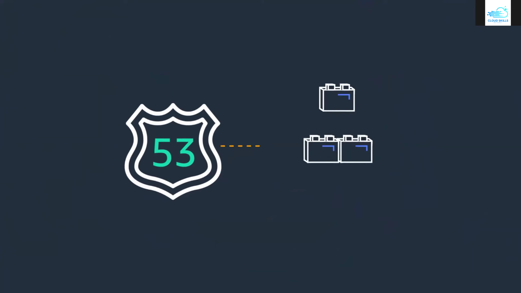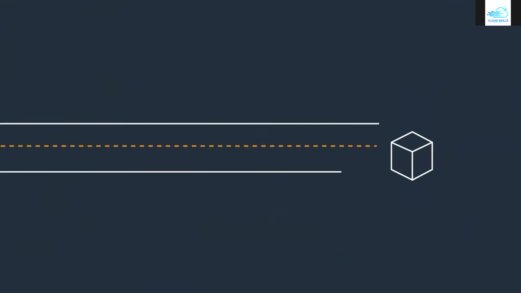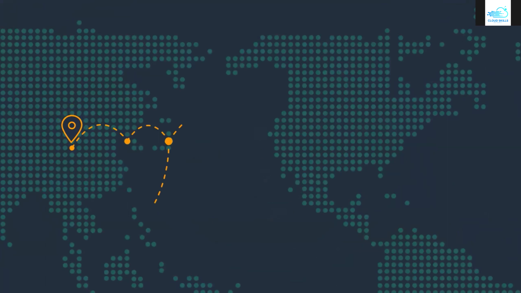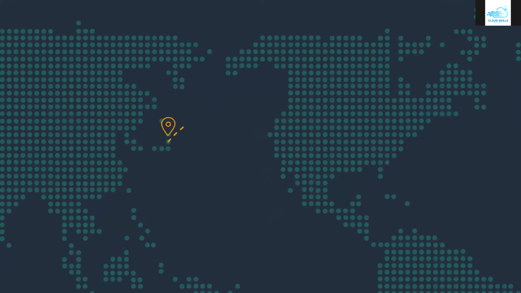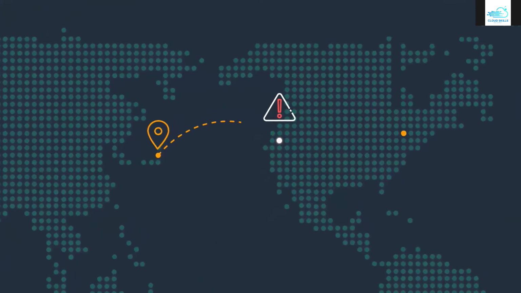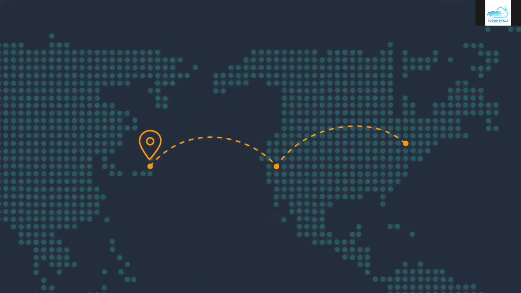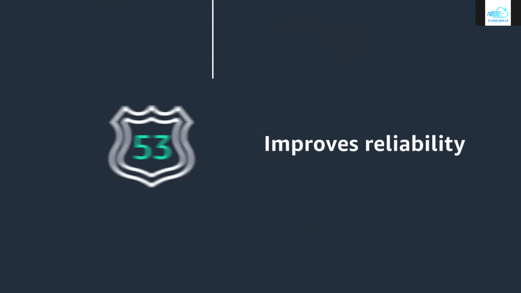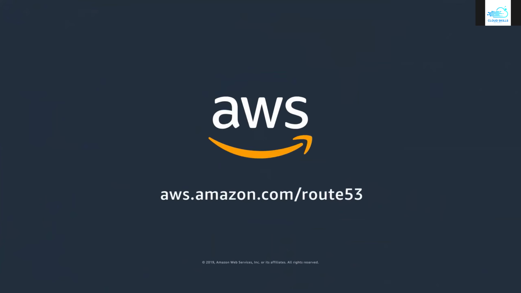Additionally, Route 53 can also be used with your non-AWS resources. Route 53 traffic flow helps improve your application's performance and reliability for end users. If you're running your application in multiple regions around the world, you can easily set up routing using traffic flow to send each end user to the best location for them. Traffic flow also offers easy configuration of failover to reroute users to an alternate location if the primary application endpoint becomes unavailable. Route 53 provides 100% availability, integrates easily with other AWS services, and helps improve reliability with traffic flow. Learn more about Amazon Route 53 by visiting aws.amazon.com/Route 53.